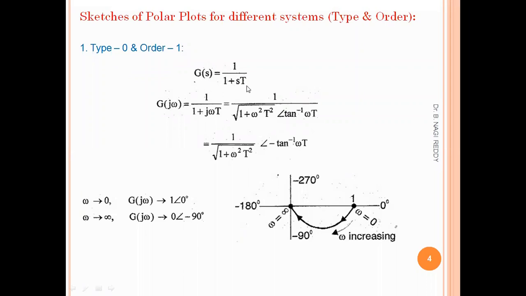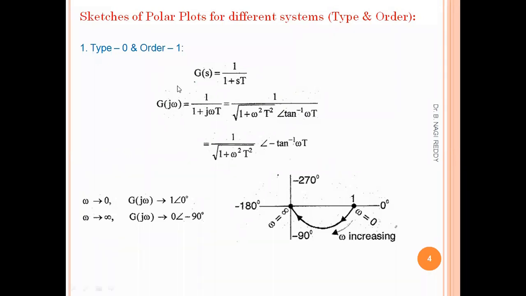This is in the s domain, but we have to draw the polar plot in the frequency domain. So what we do is we simply substitute j omega for the s term. Wherever you find the s term, simply replace that s with j omega. That's it.